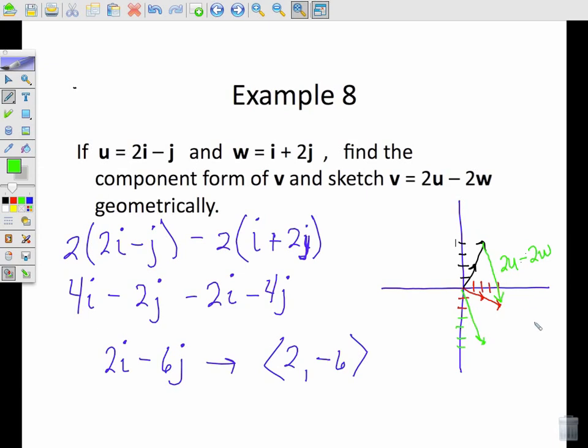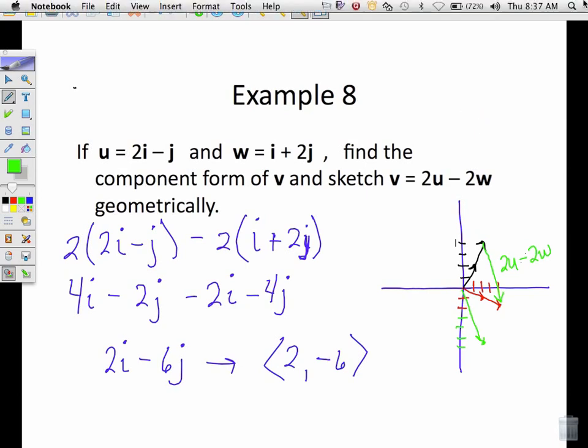These two vectors are the same direction and same magnitude. Both of them represent 2u minus 2w. All right, I'm going to go ahead and pause with this video, and we'll pick up with the next example on the next video.